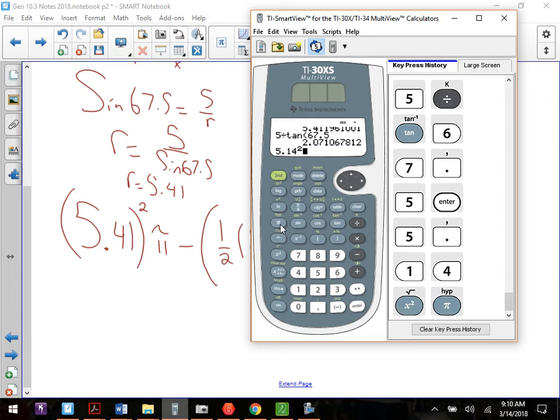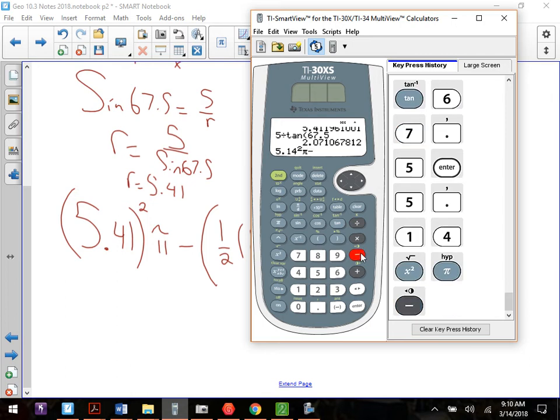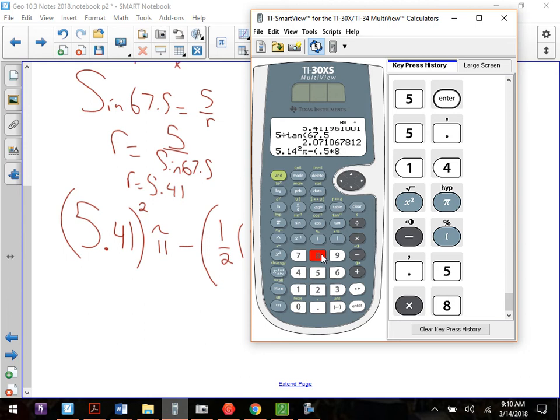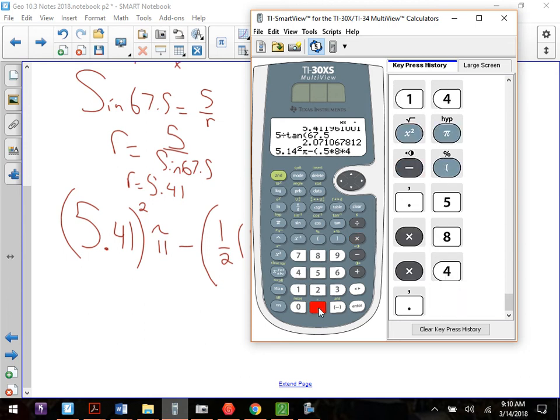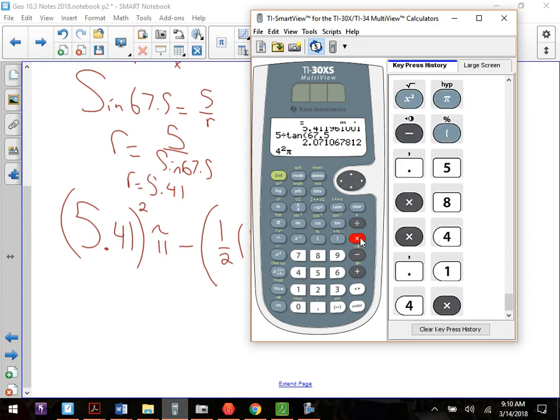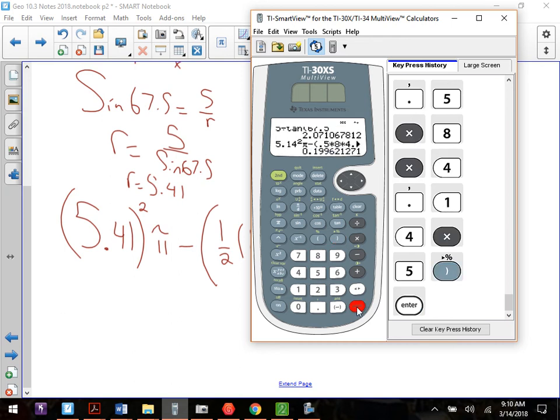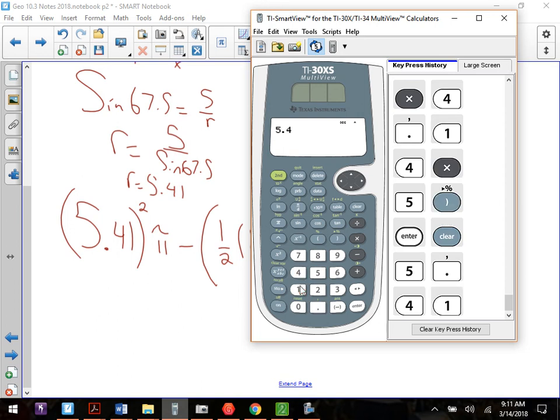5.14 squared, slap a pi next to it. Subtract parentheses, 0.5 times 8 sides of 4.14 times an apothem of 5. I screwed up. 5.41.